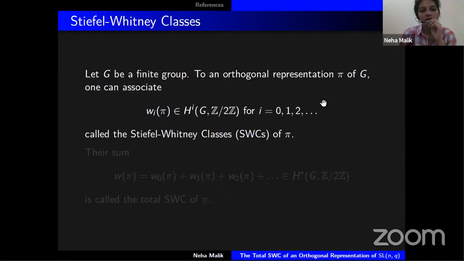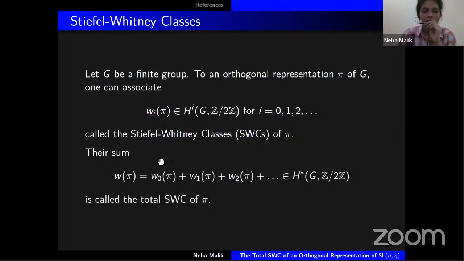Let's start with a finite group G, and take an orthogonal representation pi of G. Corresponding to this pi, we can associate elements which we denote by w_i(pi), which are elements in the ith cohomology group of G with Z/2Z coefficients, for all i = 0, 1, 2, and so on. These w_i(pi) are called the Stiefel-Whitney classes of pi.